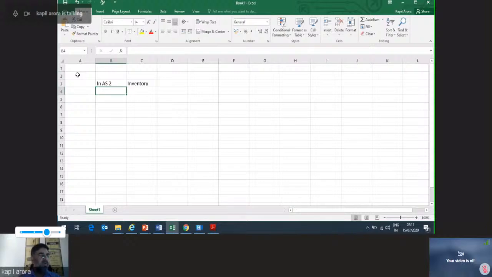We will be moving on to AS11 also. But AS16 is directly related to property, plant and equipment and inventory, which we have already covered. So that is the reason. Dismantling gives income, that we will not cover until the dismantle is done. We will not talk about the future income.